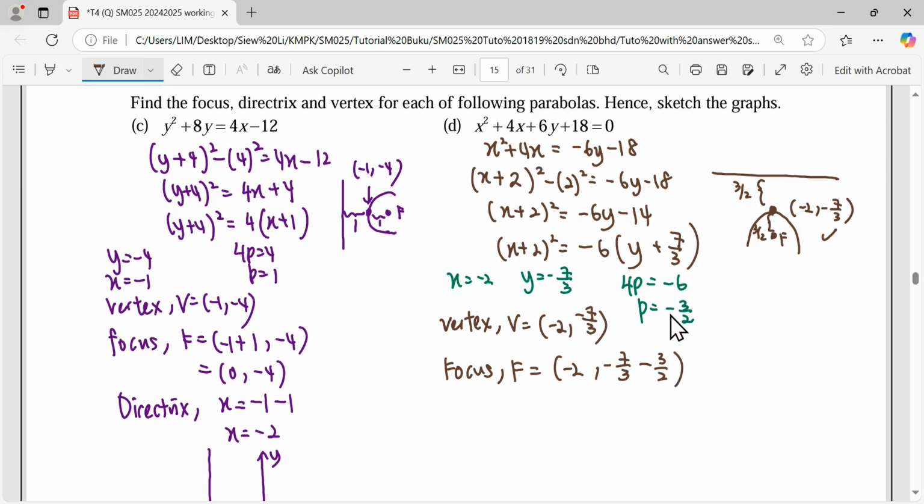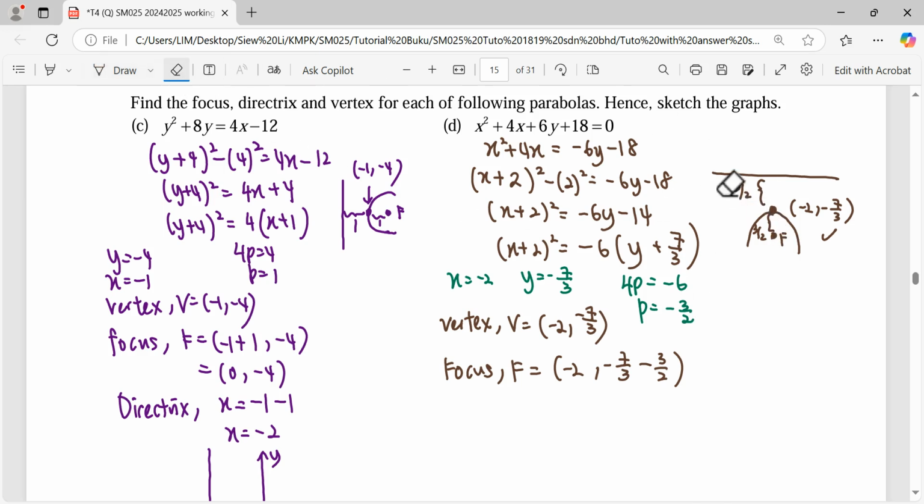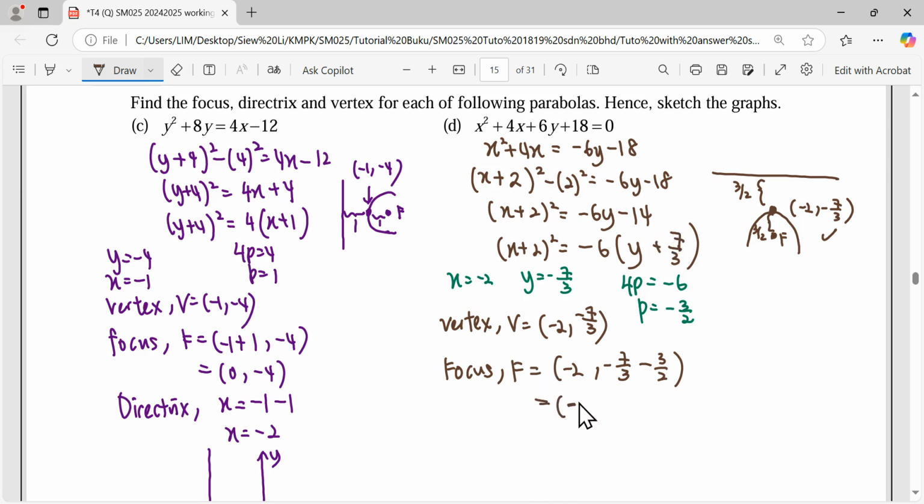The negative I didn't take because the negative already indicates that it opens downward. If we put the distance as negative 3 over 2, it seems not very suitable, so I just indicate this distance as 3 over 2 units. Simplify this, the focus point will give you negative 23 over 6.